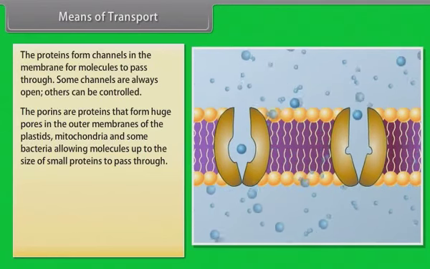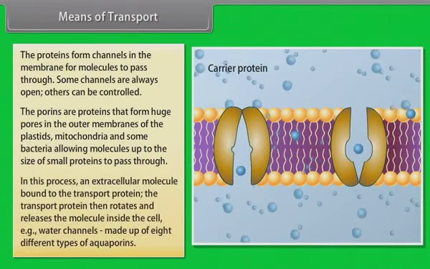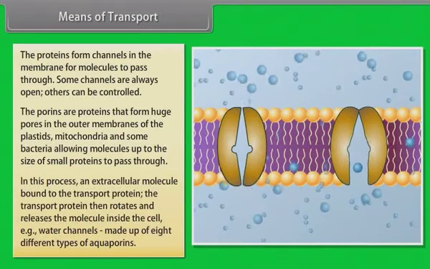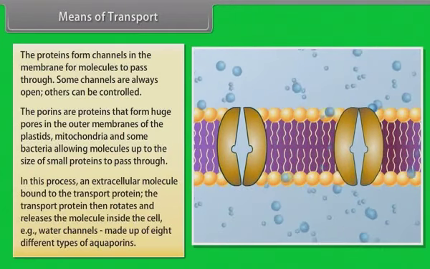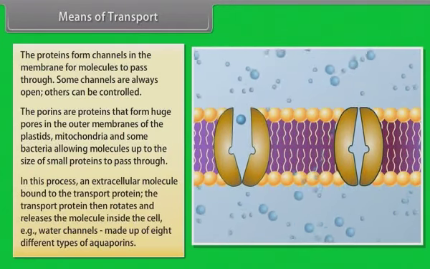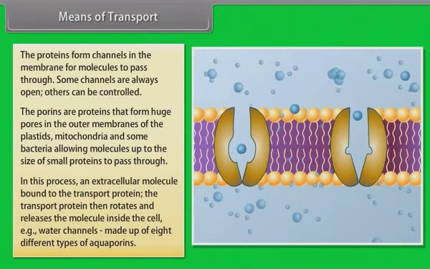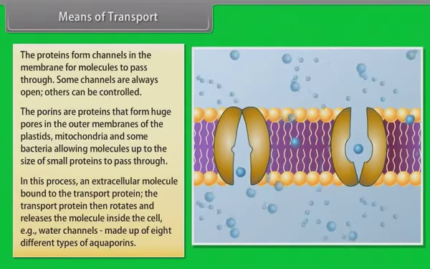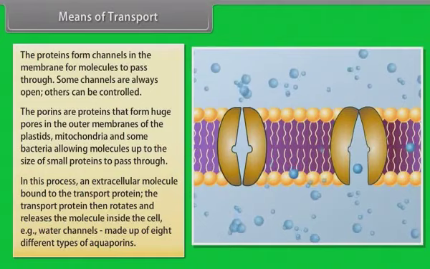In this process, an extracellular molecule is bound to the transport protein. The transport protein then rotates and releases the molecule inside the cell. For example, water channels are made up of 8 different types of aquaporins.